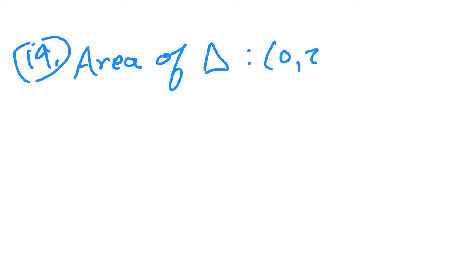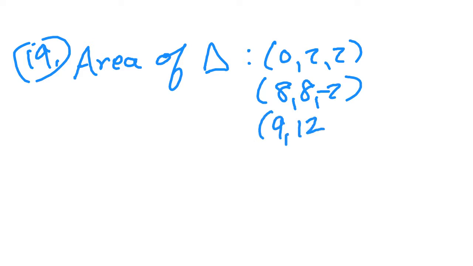It says find the area of a triangle with vertices given by 0, 2, 2, 8, 8, 2, and 8, 8, minus 2, and 9, 12, 6.